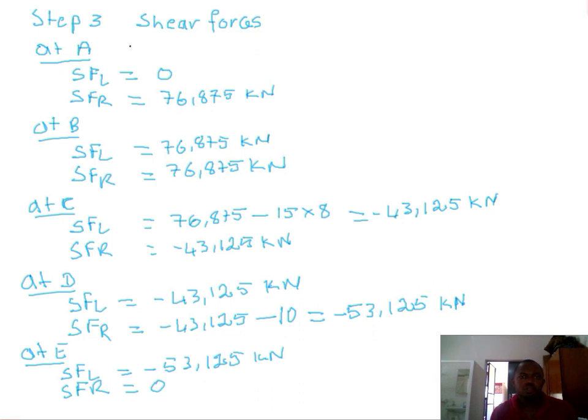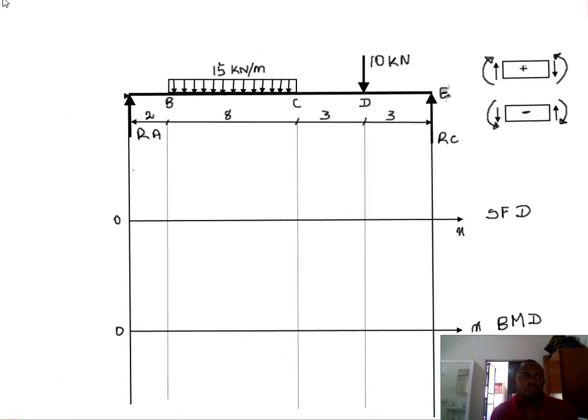Shear force at B is 76. Let's change the color. So at B, the right of A is 76 and the left of B is also 76.